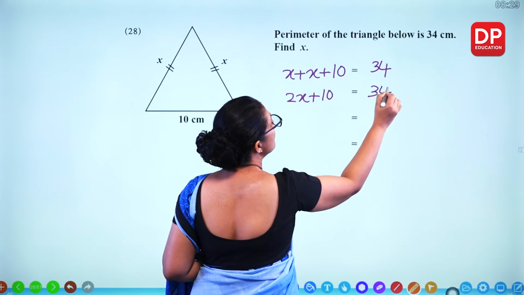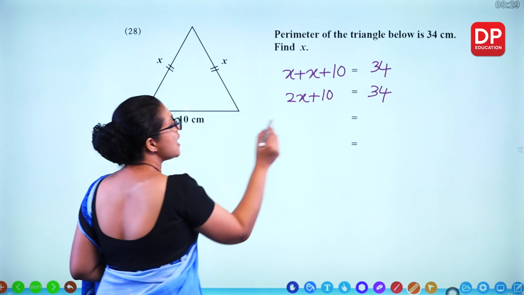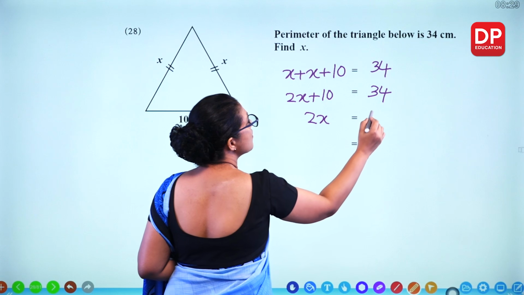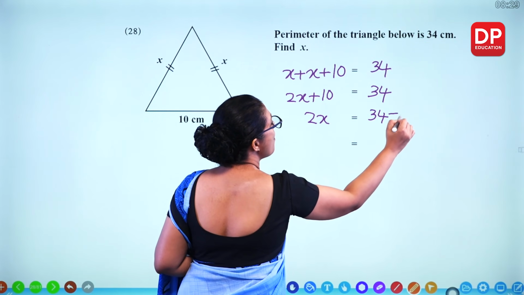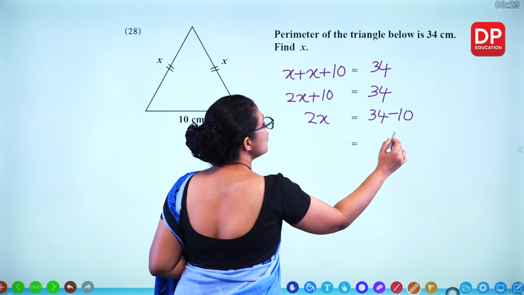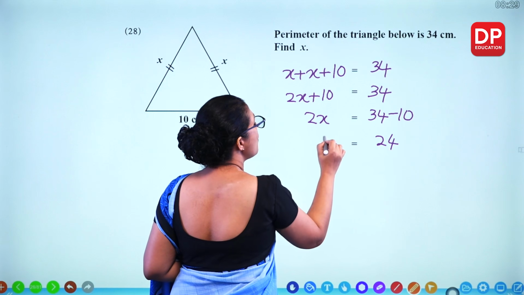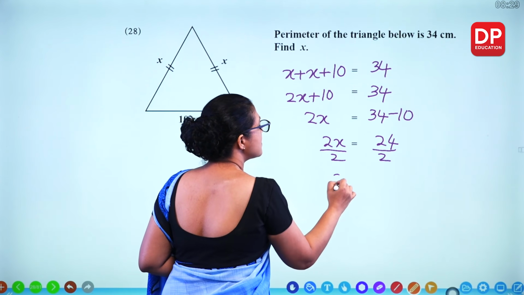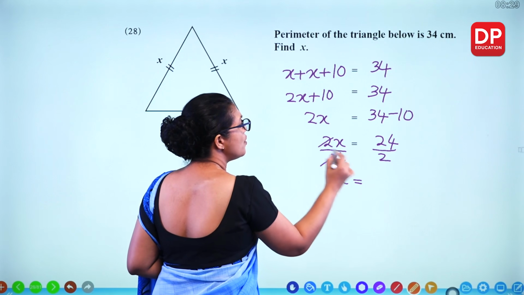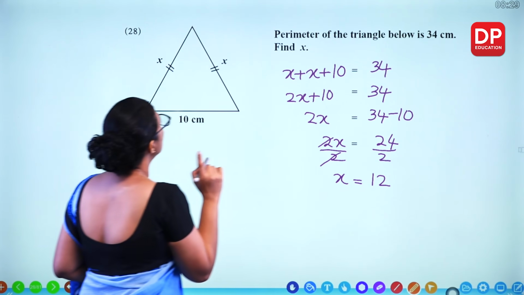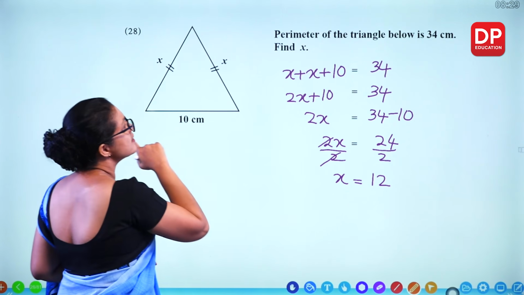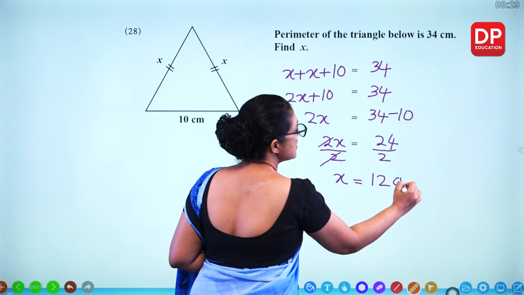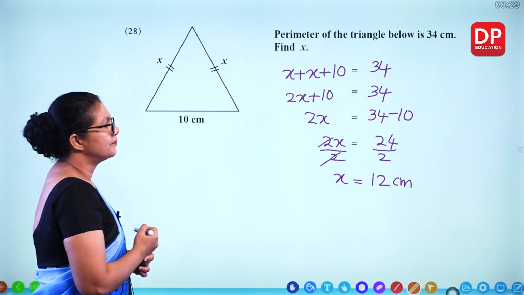Now, subtract 10 from both sides. 2x equals 34 minus 10. When you subtract, you get 24 is 2x. Divide by 2 both sides. x is equal to 12. So, length of x is 12 centimeters.